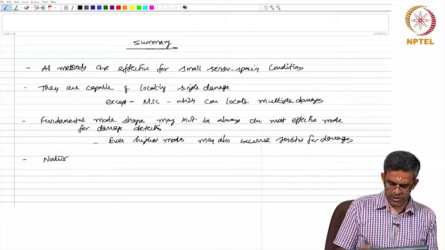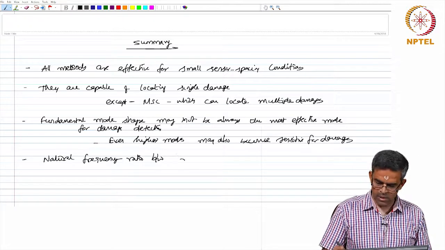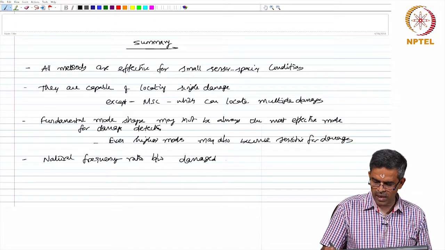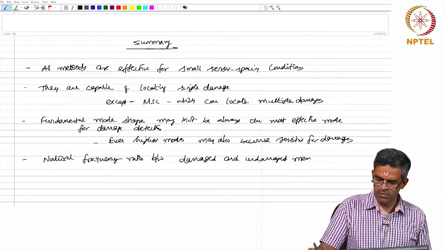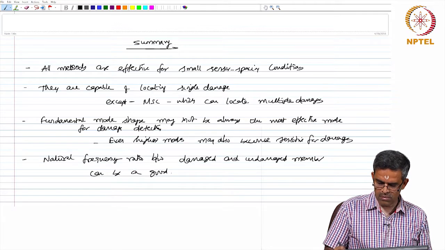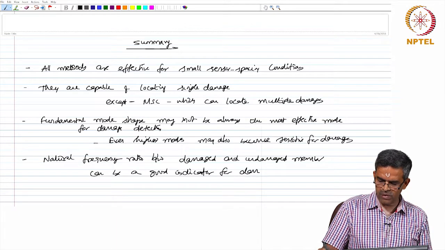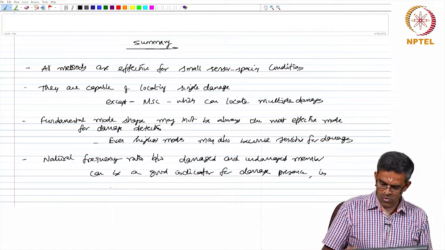Natural frequency ratio between the damaged and undamaged member can be a good indicator for presence of damage, but this is true only in certain modes.